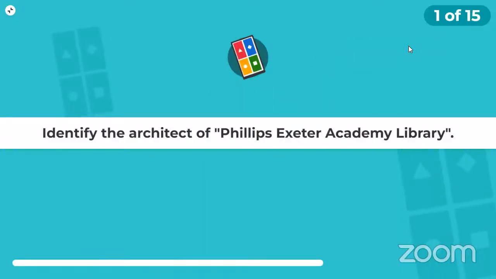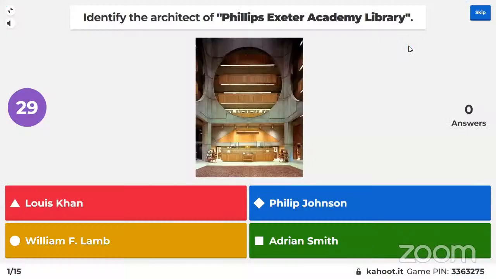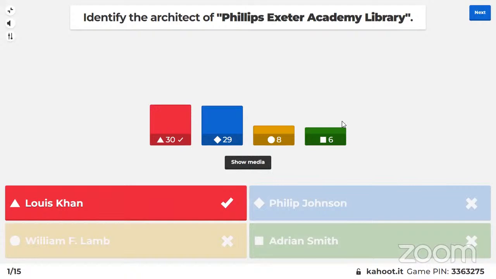Identify the architect of Phillips Exeter Academy Library. Okay, time's up. The correct answer was Louis Kahn.